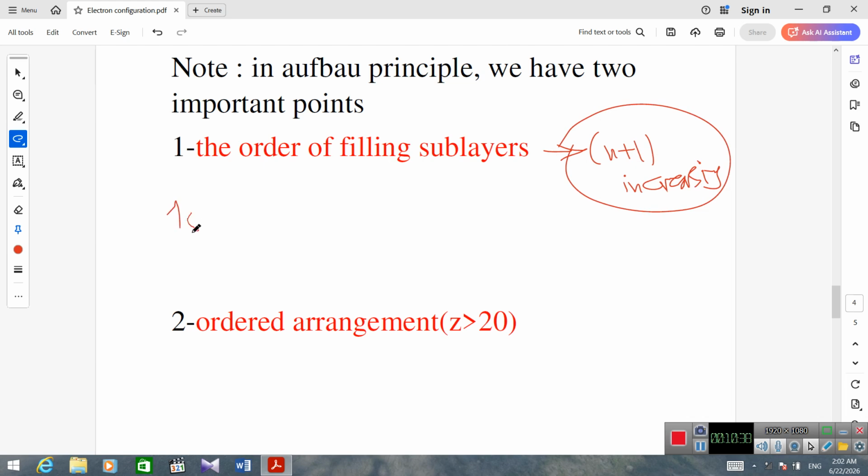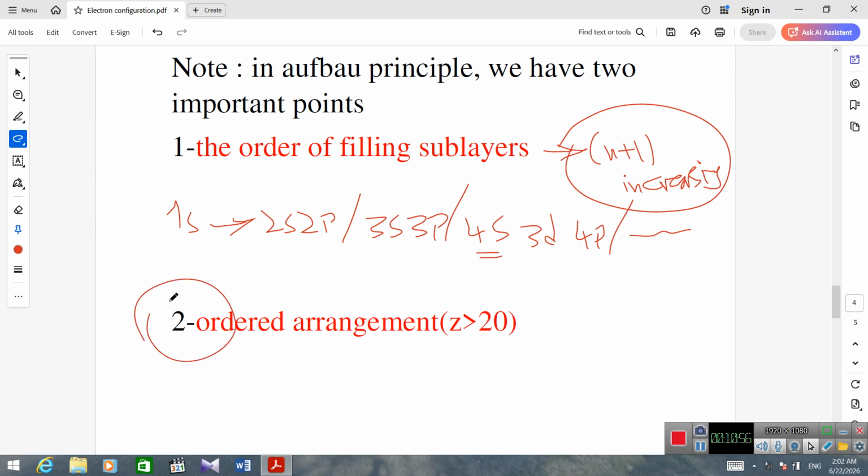We have 1s and 2s, 2p, again 3s, 3p, 4s, 3d, and 4p, and etc. But we have ordered arrangement for the cases that atomic number is bigger than 20. And this point is so important.